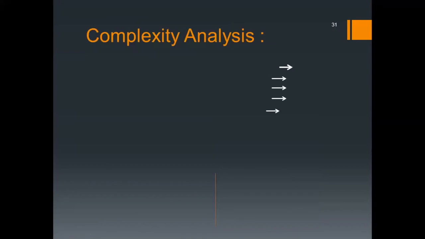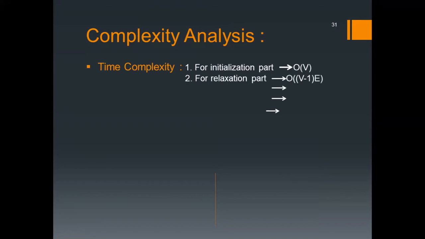So here I want to show the complexity. First of all, I want to explain time complexity. For the initialization part, complexity will be order of V. And for the relaxation part, that will be order of V minus 1 into E, that is VE minus 1.